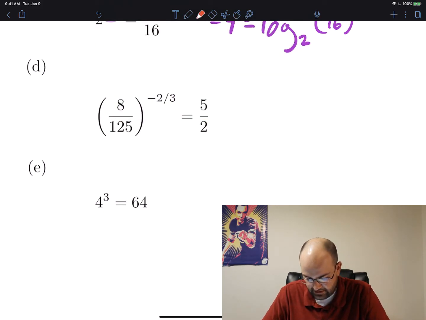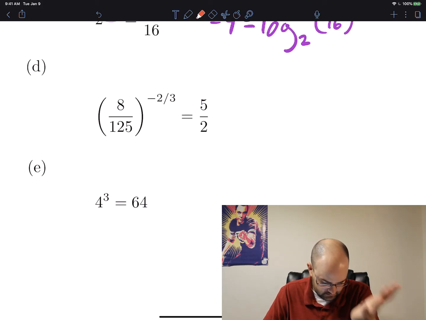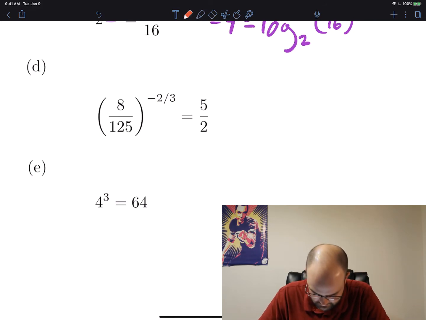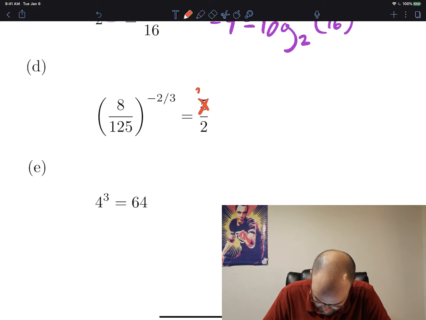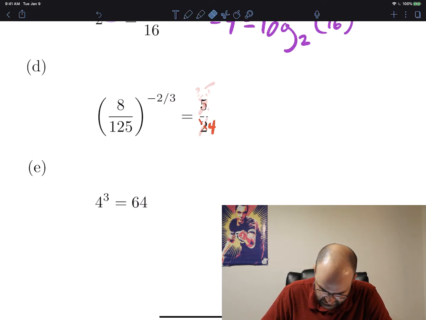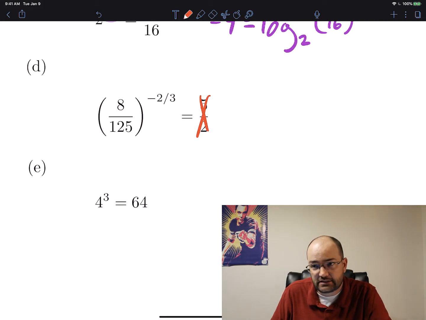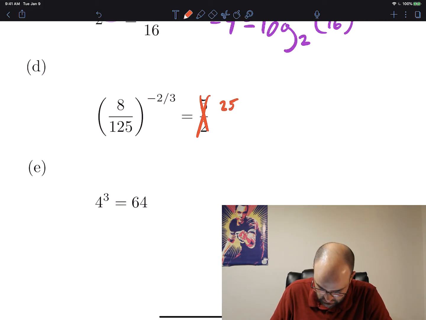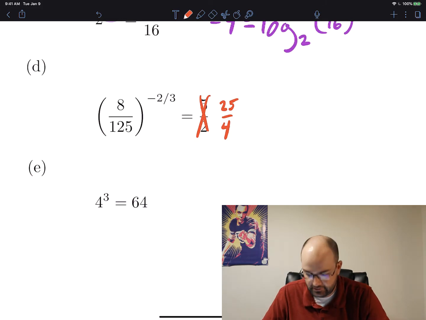8 over 125, all to the negative 2/3, is equal to 5/2. Yeah, this entire thing is wrong. Instead of 5/2, make that 25/4. There we go. That's better.